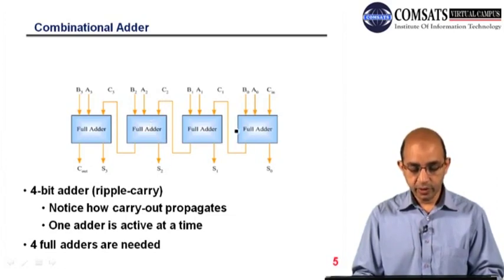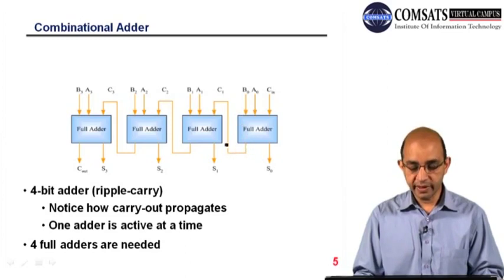At a time, one adder has to be active, because we need to apply the carry out as an input for the next adder. If we start here, then we have to activate this first, adding the corresponding bits, A0 and B0.